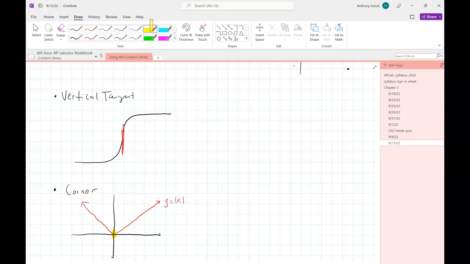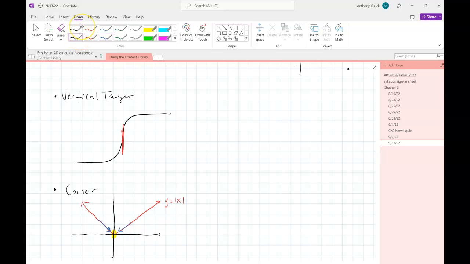Because if I look at the slope of my tangent line here and the slope of my tangent line there, they're going to be different, right? As you're coming into 0, from the left, it's approaching -1, and from the right, it's approaching +1. And then your limit fails to exist there, and since the limit can't exist there, then the derivative can't.